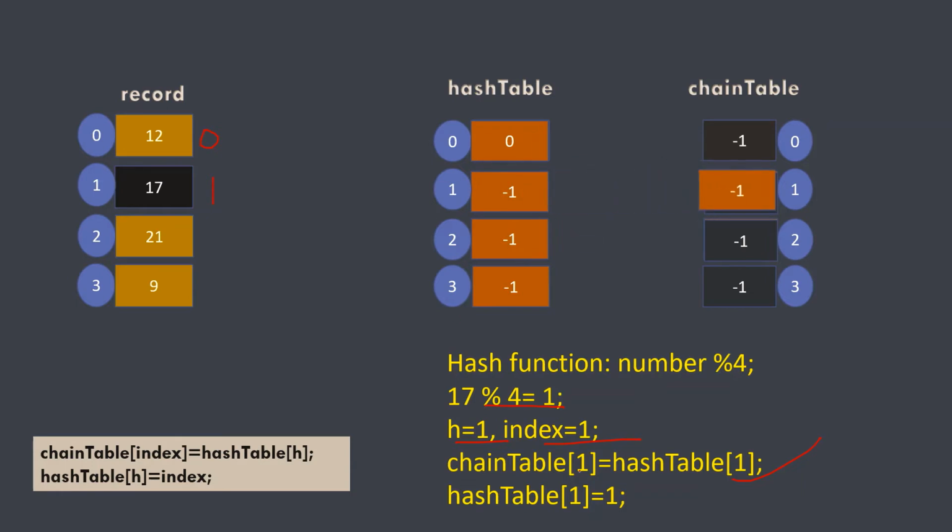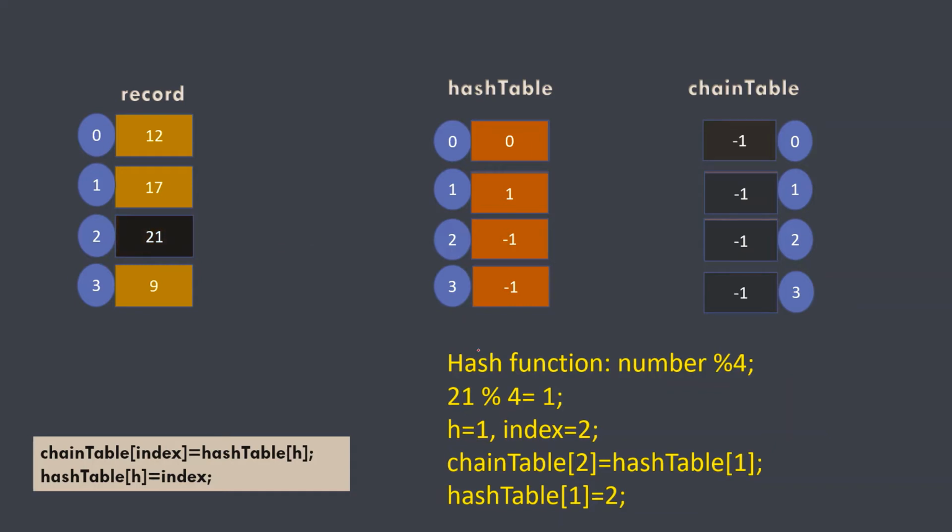This line of code is right now immaterial, and now this line of code has some action. It is saying that at index 1 there is a value whose hash value is 1, that is 17.